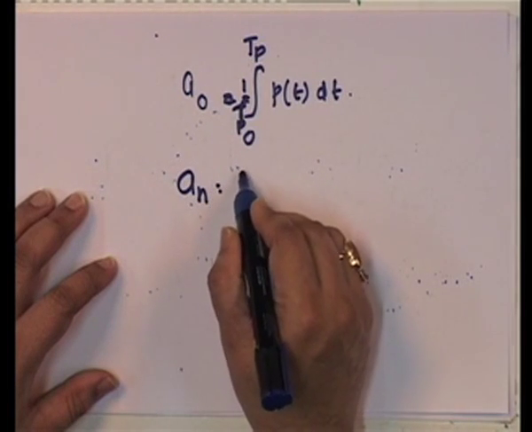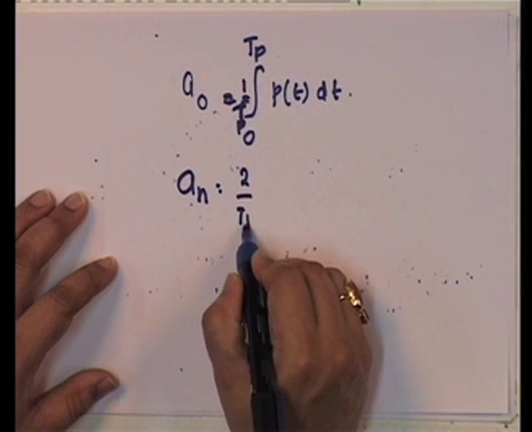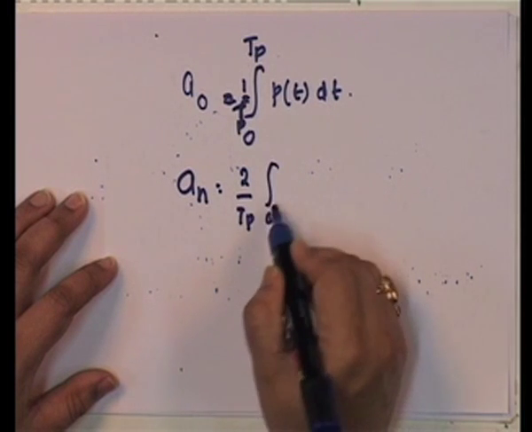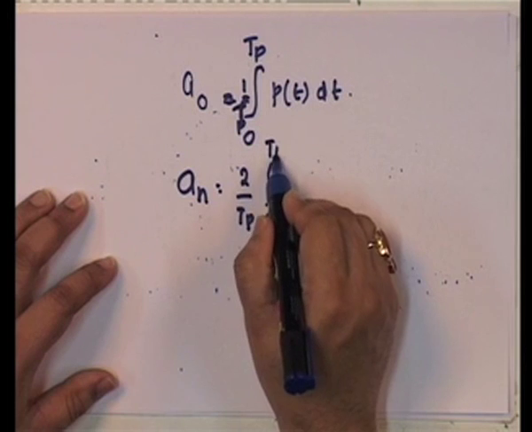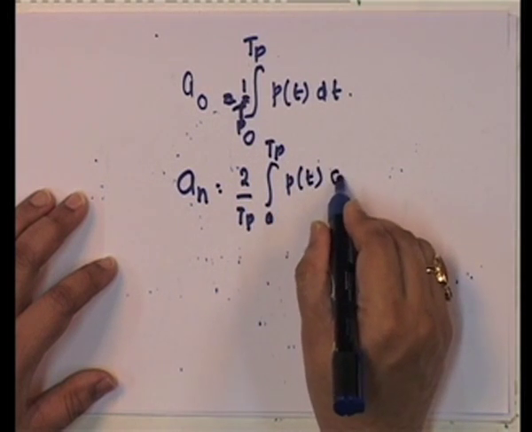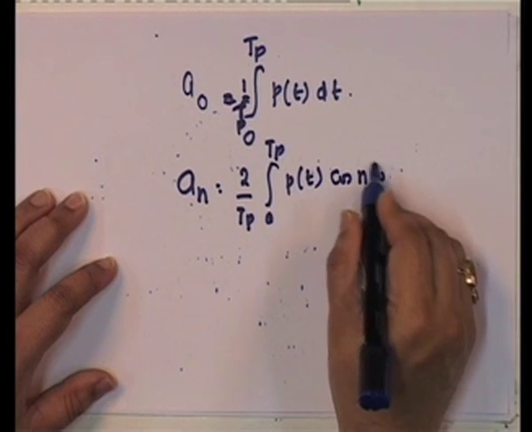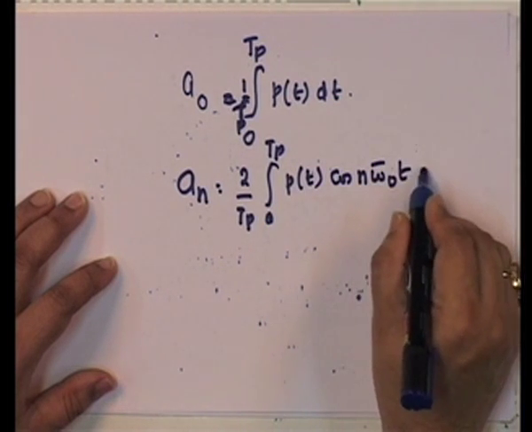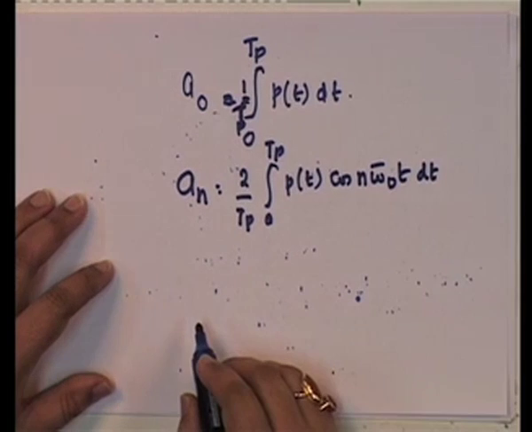An is equal to 2 upon Tp, integral 0 to Tp, P of t cosine n omega 0 t dt.